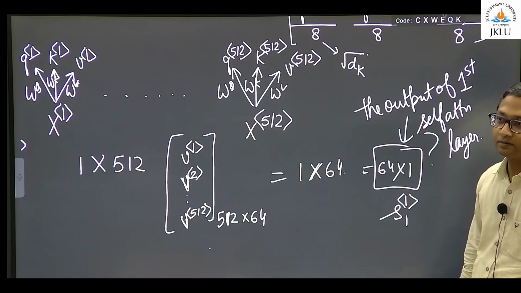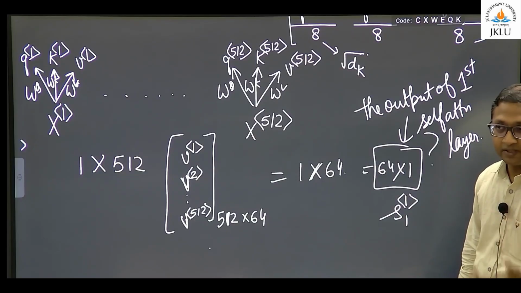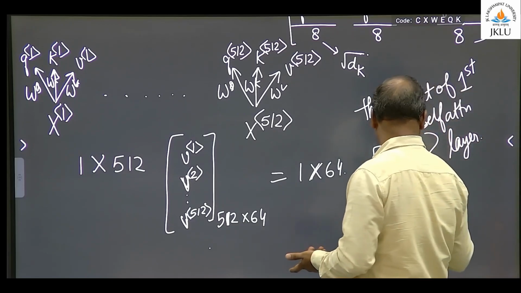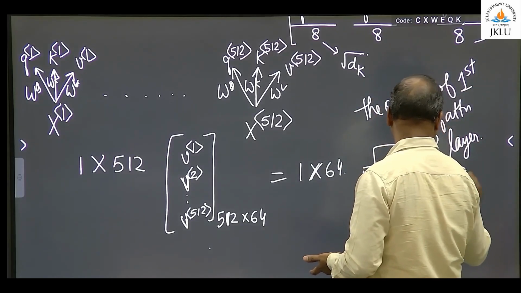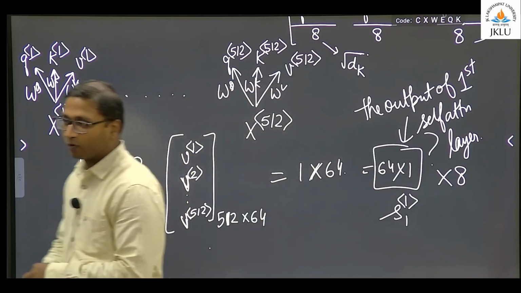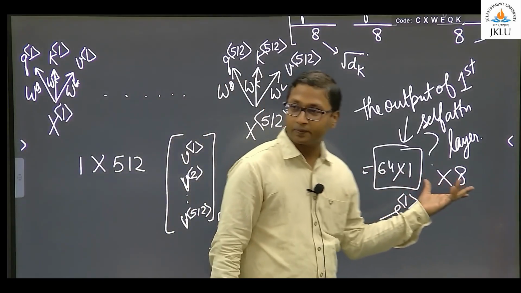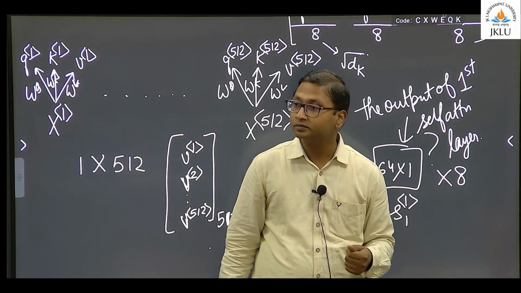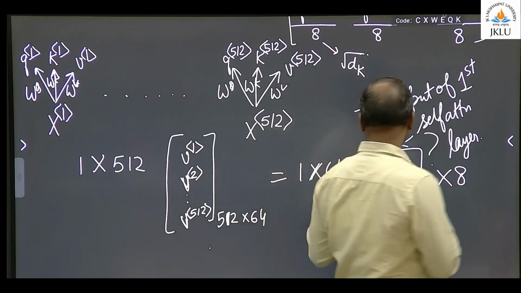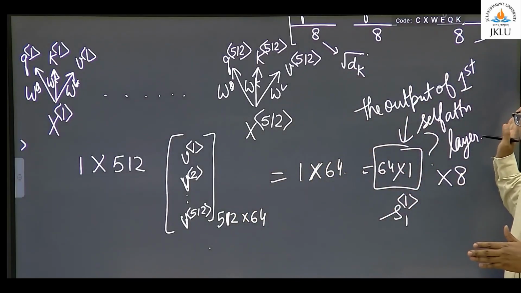Multiply with 8, right? How do you multiply with 8? You simply can't multiply by 8. Repeat. So can I repeat this 64 cross 1 8 times?